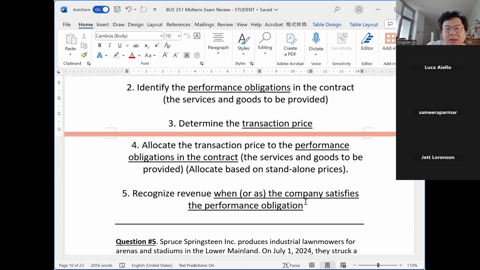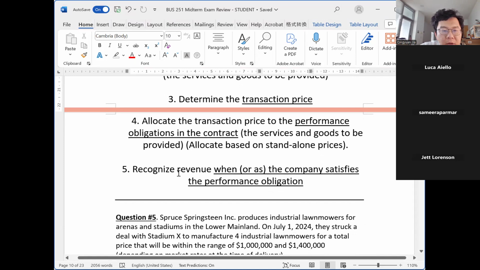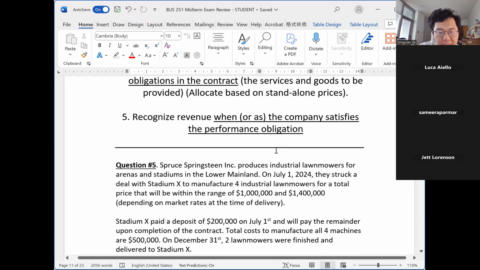And it will be allocated based on the standalone prices. The last one, recognize revenue when or as the company satisfies the performance obligations. And this is the last step.